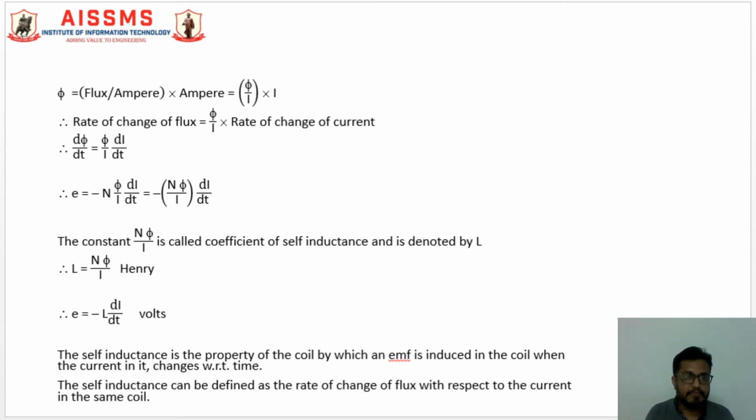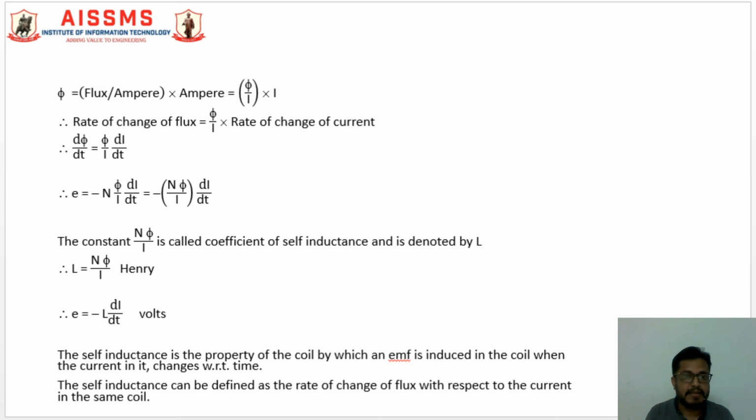Now if we put this d phi by dt value in the previous EMF equation, we get self-induced EMF e equal to minus N phi by I into di by dt.